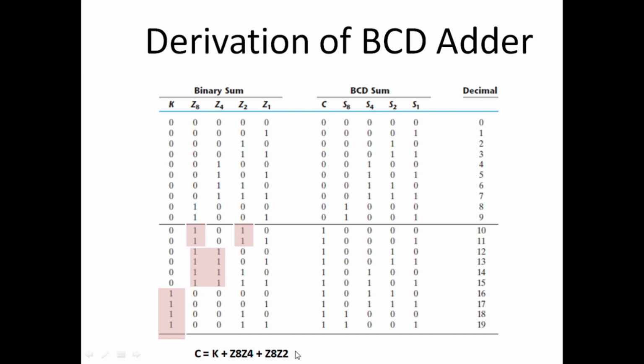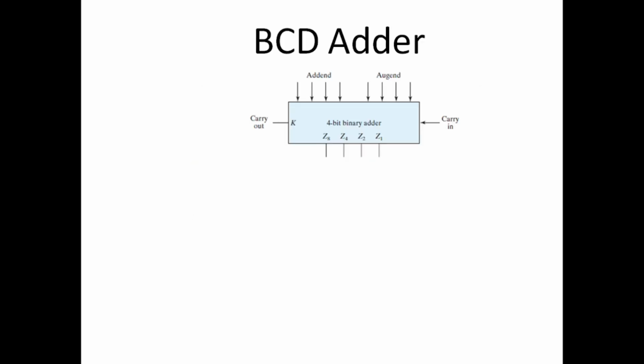So we have calculated the Boolean equation for the correction, and now we can implement this correction with the binary parallel adder to enforce the addition of 0 1 1 0. Okay, so to design the final BCD adder, we need a 4-bit binary adder.